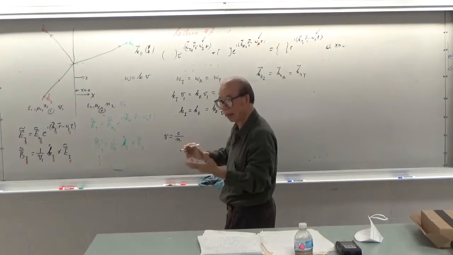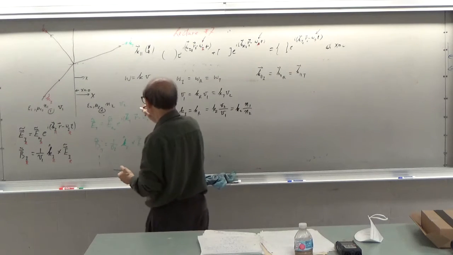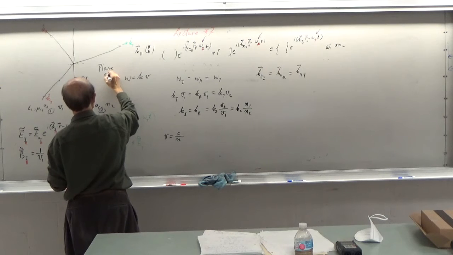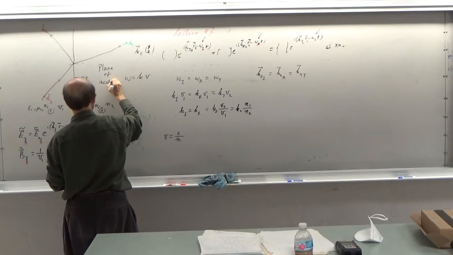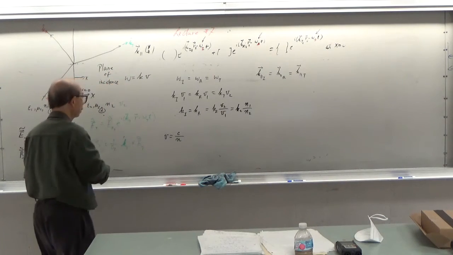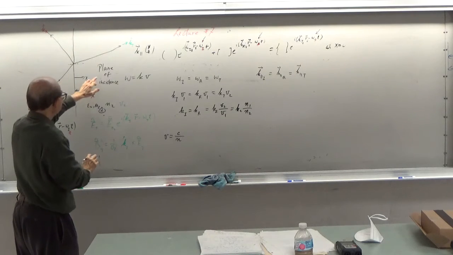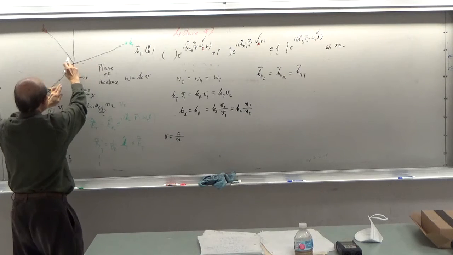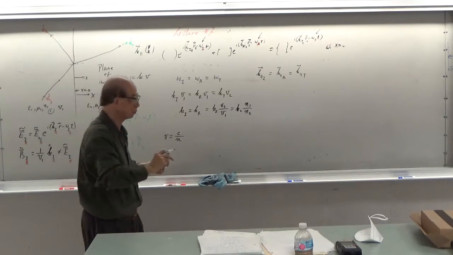We call that plane the plane of incidence. So all three beams lie on this plane.